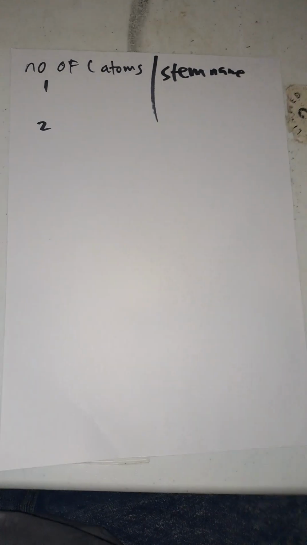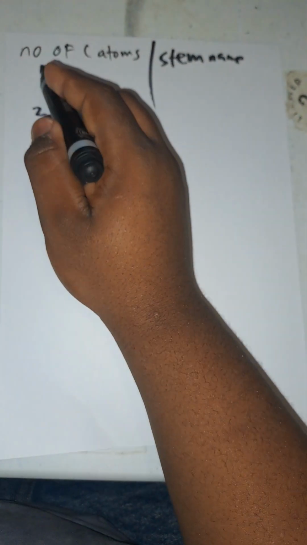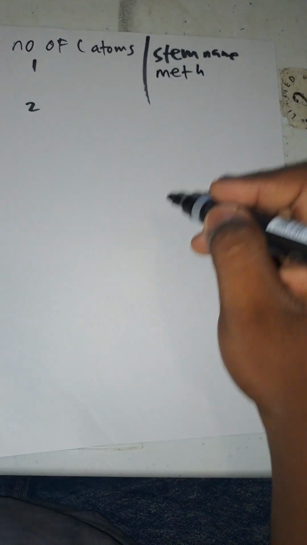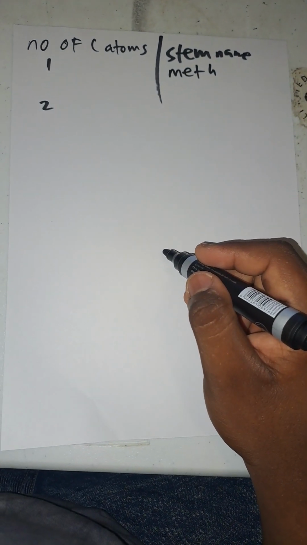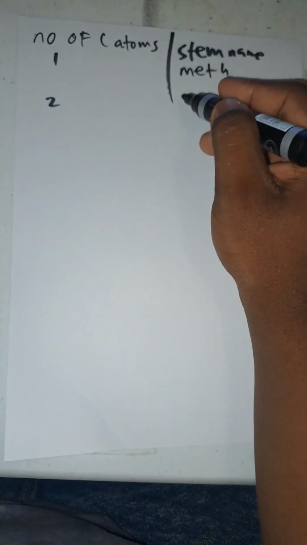Remember, the root name is determined by the number of carbon atoms in the chain. When you have one carbon atom, it is meth. When you have two carbon atoms, it is eth.